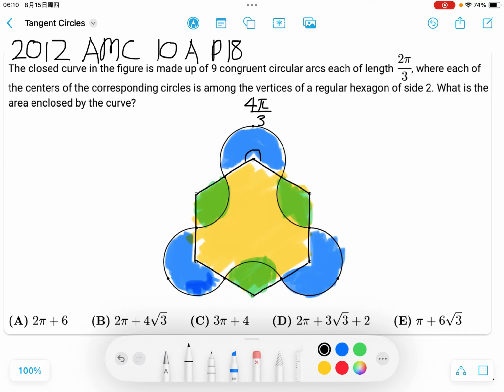And since we have 9 congruent circular arcs, it means that these 2 sides are the same. So the radius of the circles are the same. So this is 1 and this is 1. So we have radius of 1, so the circumference is going to be 2 pi r, which is just 2 pi.